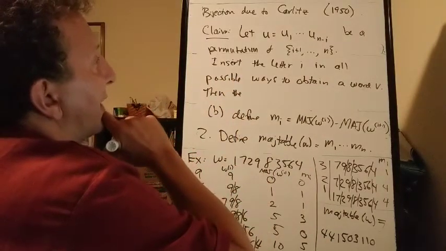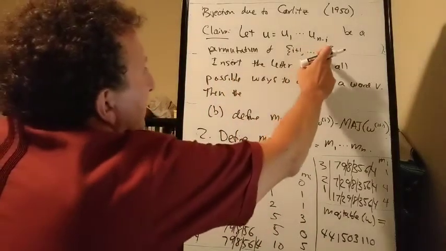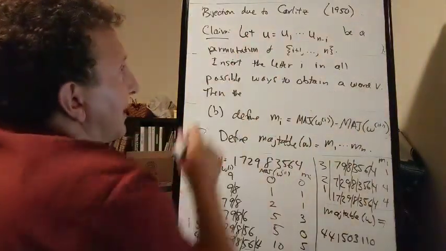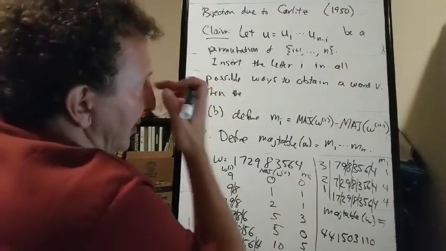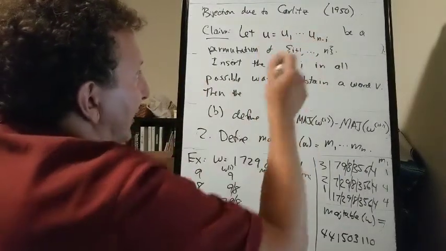So the number of possible insertions are, let's see, there's n minus I letters here. So n minus I plus 1 ways to insert the new letter, including before the first one and after the last one.